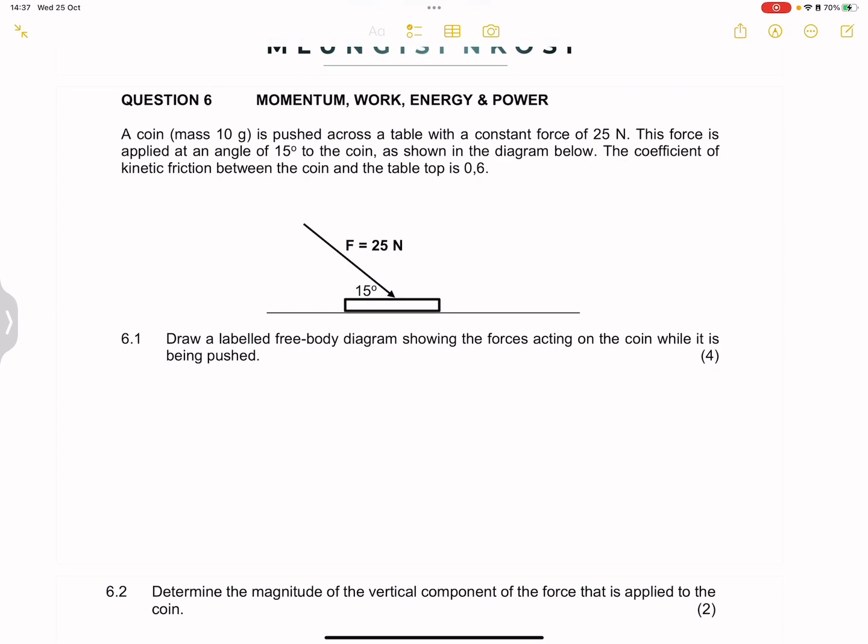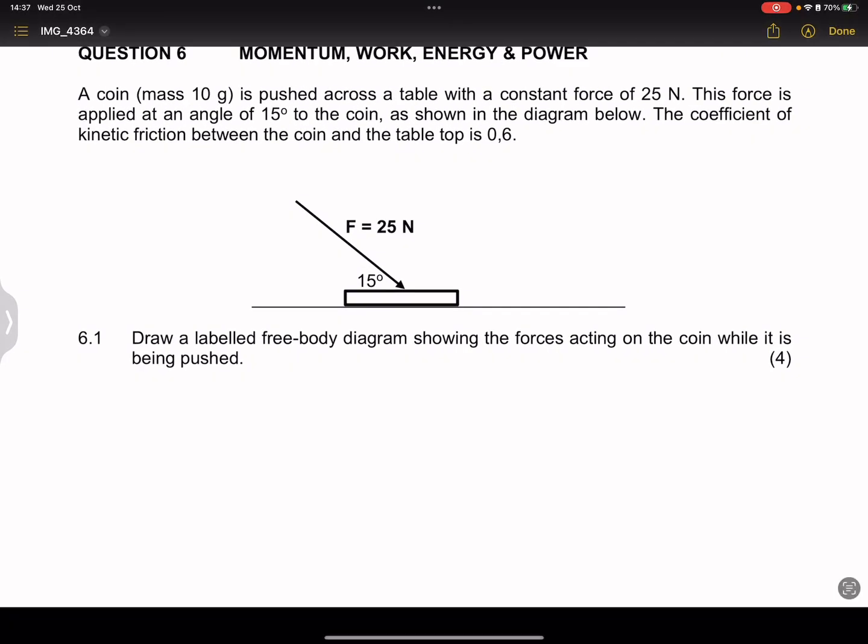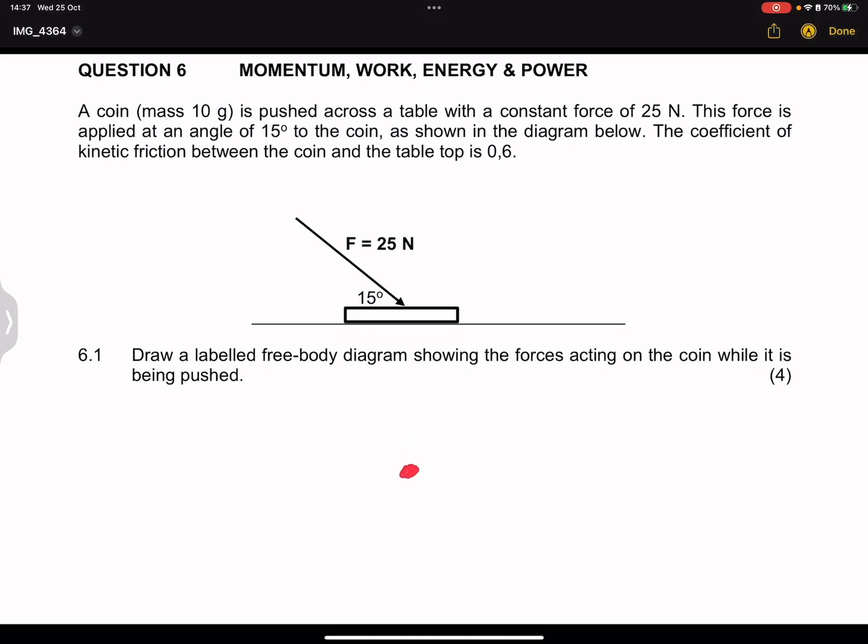So we're going to look at the free body diagram. What are the forces that are going to be acting on the coin? Firstly, we know we will have the applied force, so we can draw it over there.